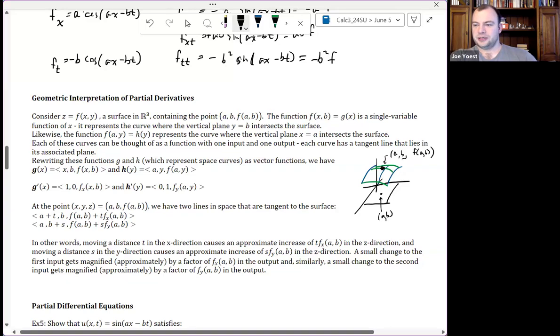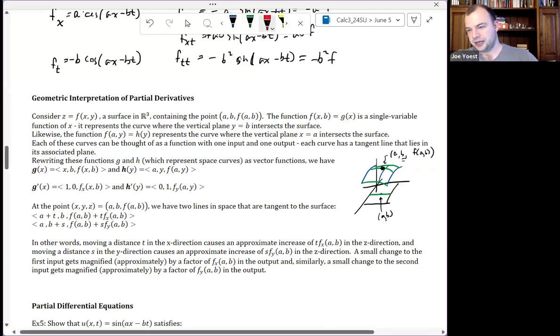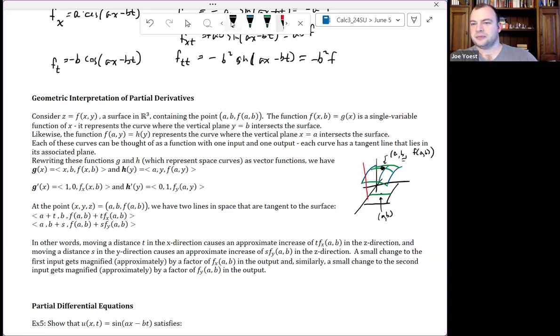If I hold y constant, and if I move back and forth along this green line, my input is only changing along one dimension. We're taking this to be y and this to be x, the way that I'm describing it. I got my x's and y's backwards when I drew it, but the point still holds.